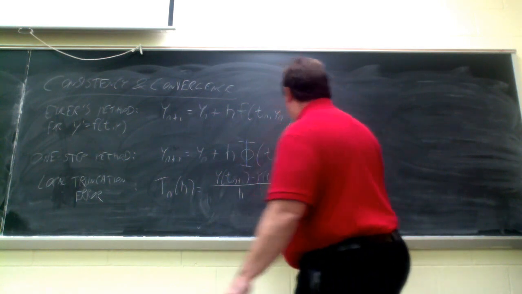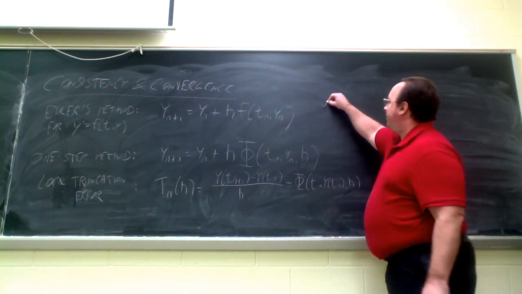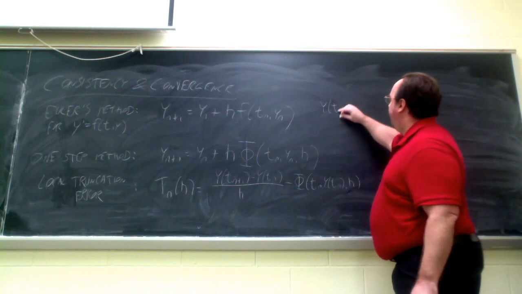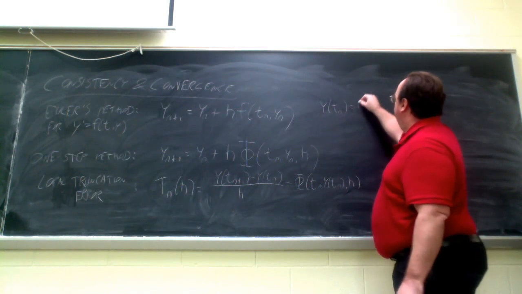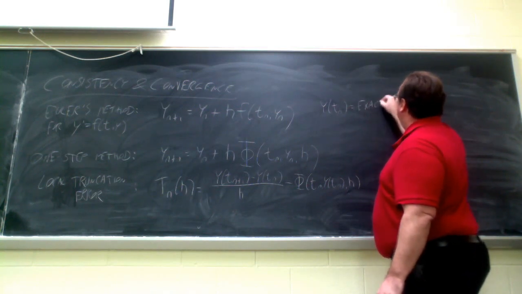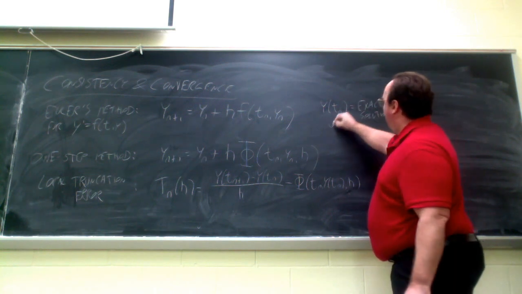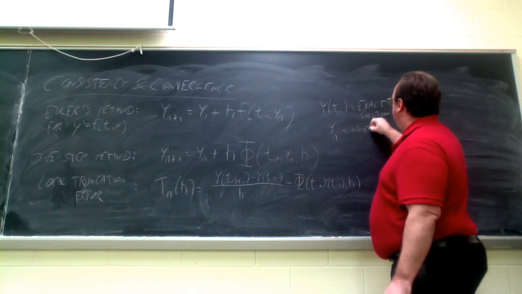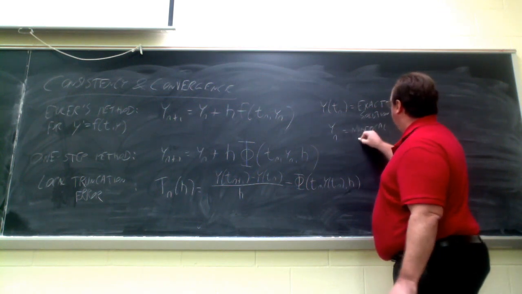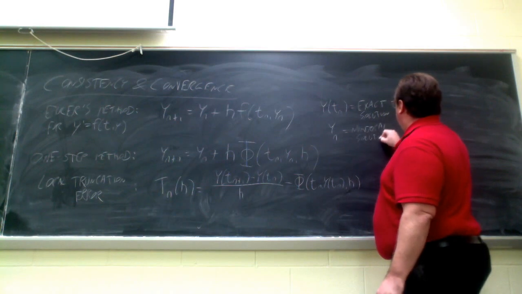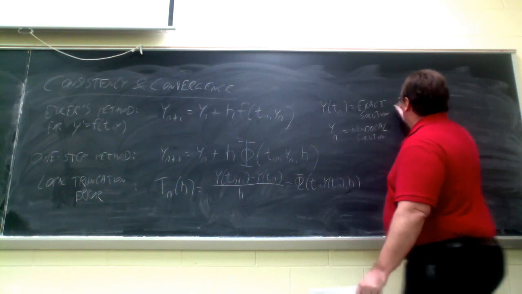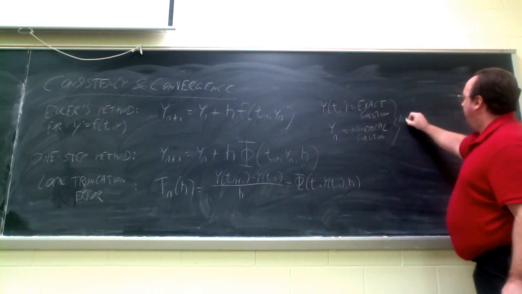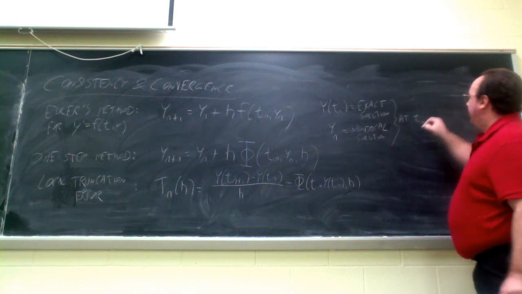Now, keep in mind the notation from last time. y of t_n refers to the exact solution, and y sub n is the numerical solution, in both cases at time t_n.